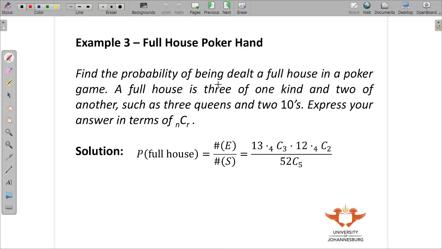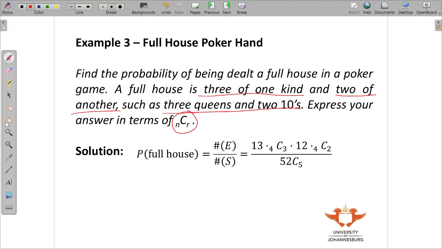All right, now let's look at this example again. Find the probability of being dealt a full house in a poker game. A full house is 3 of one kind and 2 of another, such as 3 queens and 2 tens. Express your answer in terms of combination.